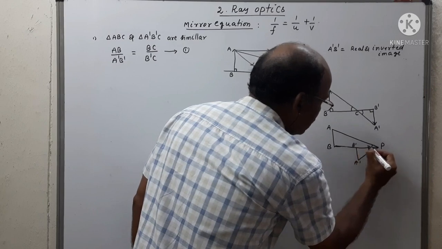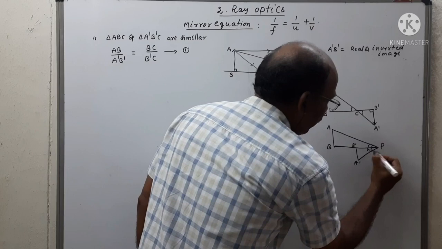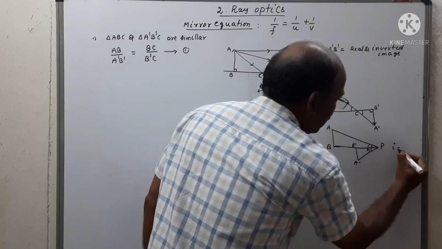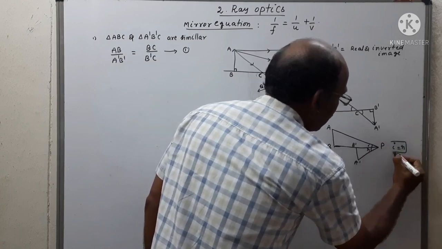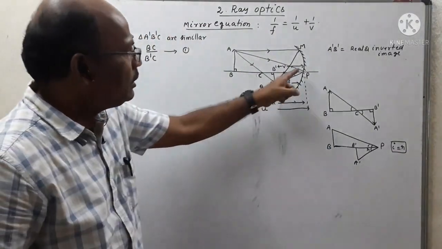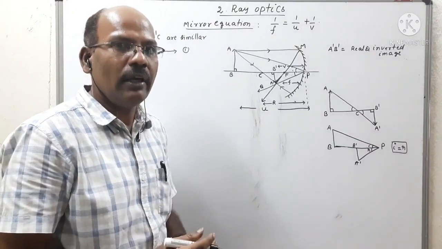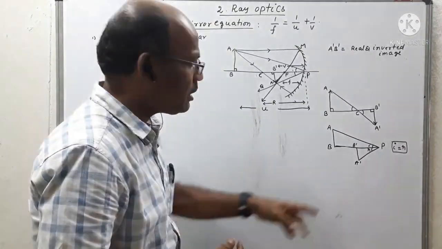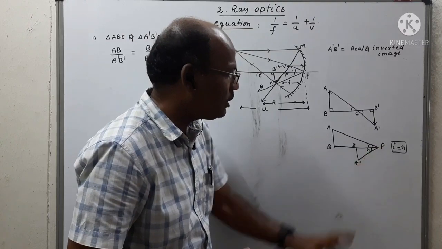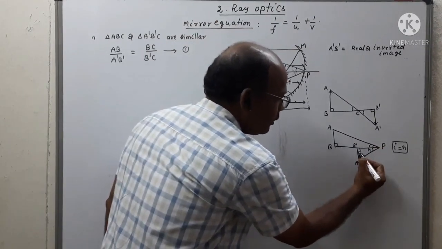So these two angles are equal. So this is the angle of incidence, this is the angle of reflection. So i is equal to r according to the laws of reflection. So this is the ray which strikes the pole obliquely, having the same angle of incidence and angle of reflection. So these two are equal. This is 90 degree, this is 90 degree.